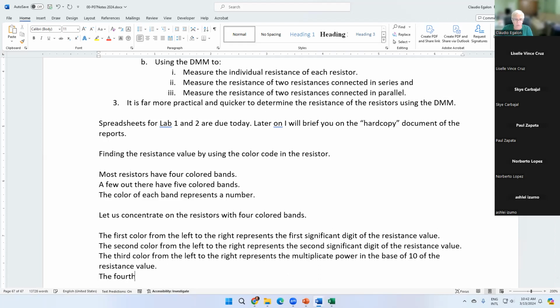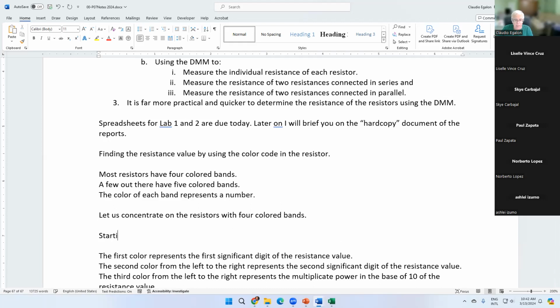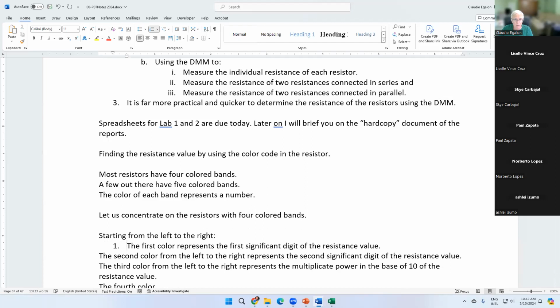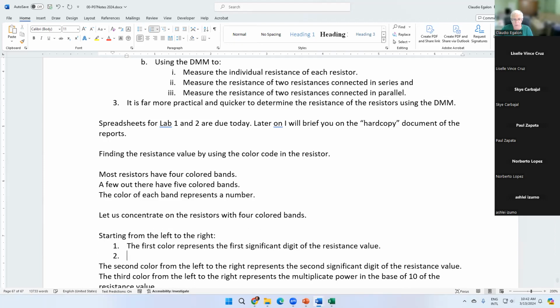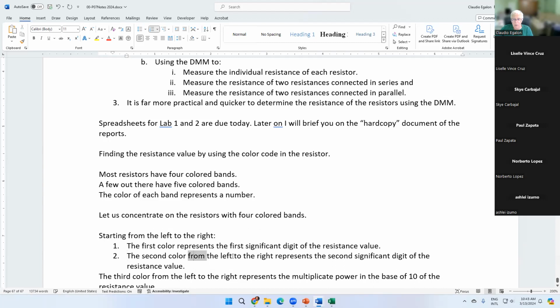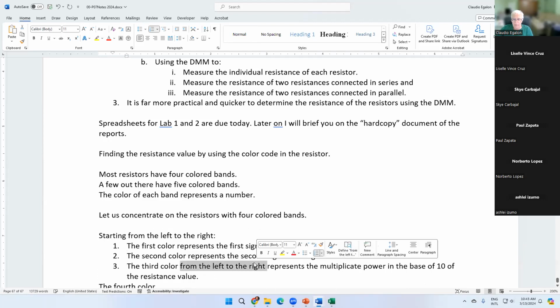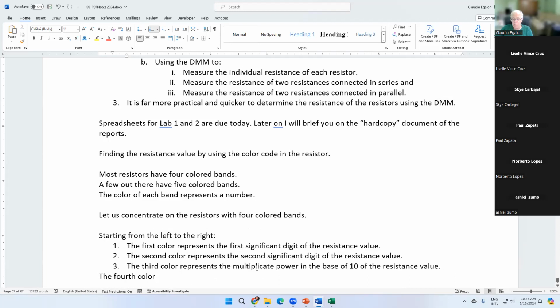And the fourth color, starting from the left to the right: 1, the first color represents the first significant digit of the resistance value. 2, the second color represents the second significant digit. 3, the third color represents the multiplicative power in the base of 10.